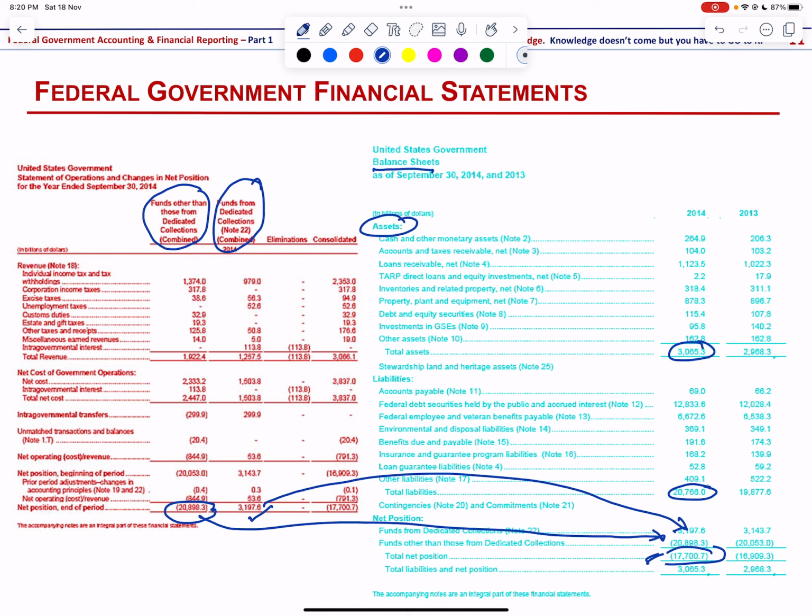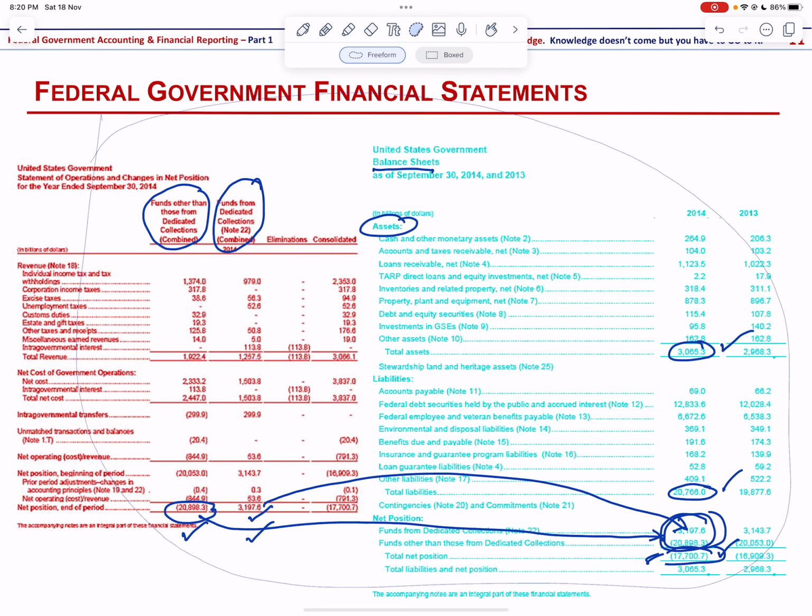And you can see that the total assets minus total liabilities is equal to the total net position, and total net position is equal to the total of earmarked and non-earmarked funds, what we call them as funds other than those from dedicated collections and funds from dedicated collection. So we sum them up together, and that's how we get these numbers in the financial statement.